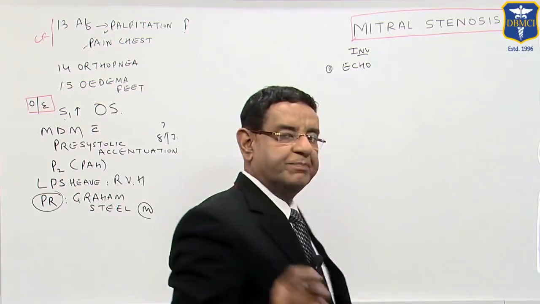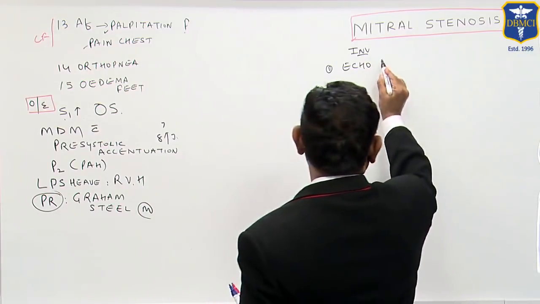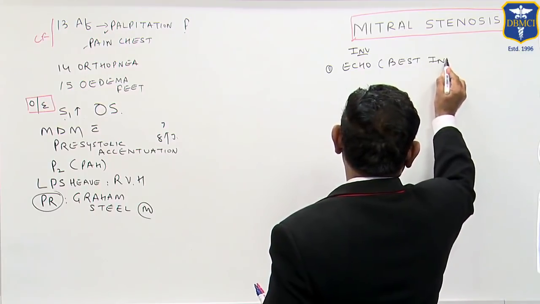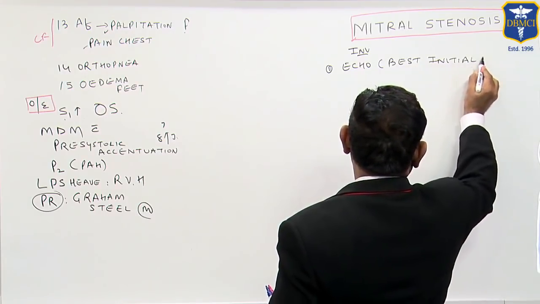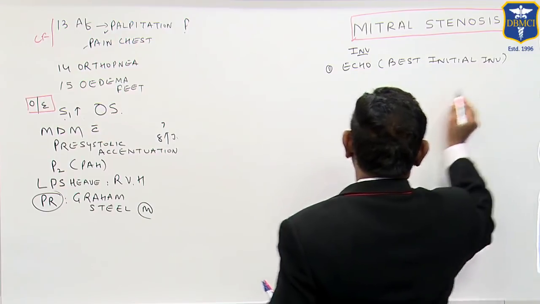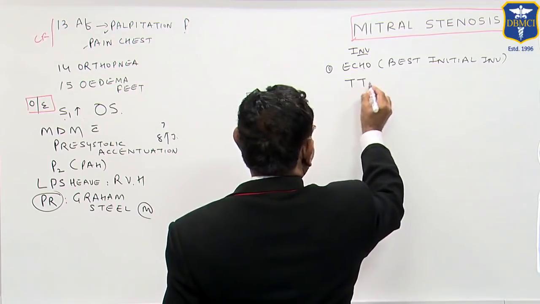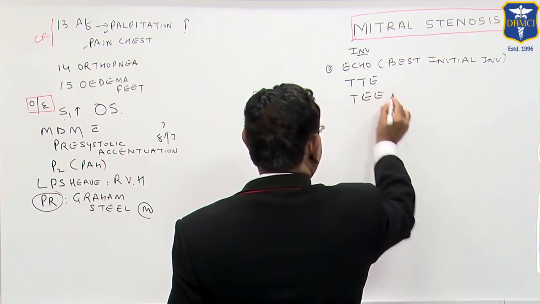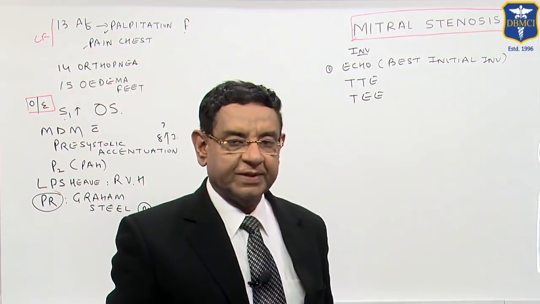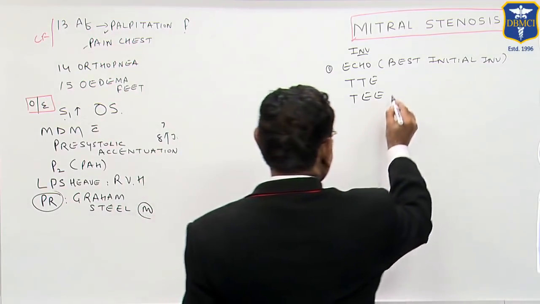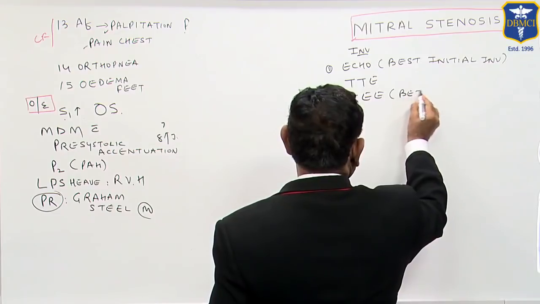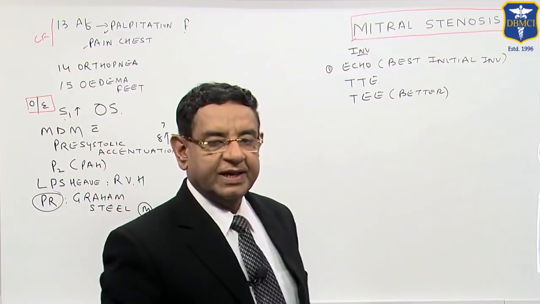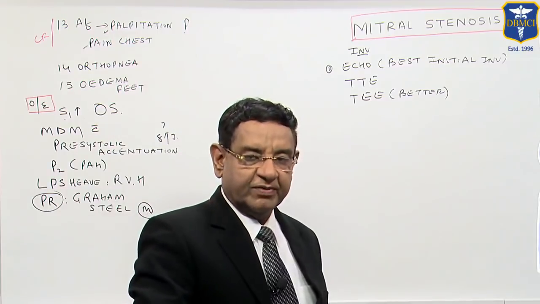Echocardiography is the best initial investigation. We can go for transthoracic echo, but transesophageal echo is much better because it can visualize the LA and the valve in a much better way.